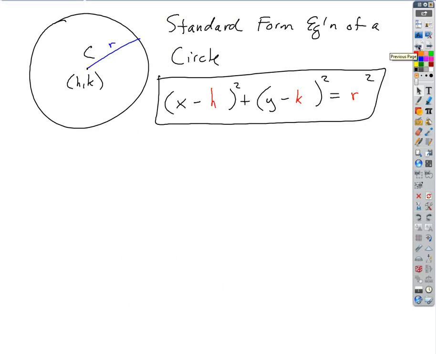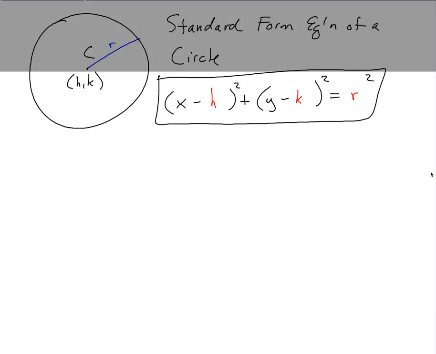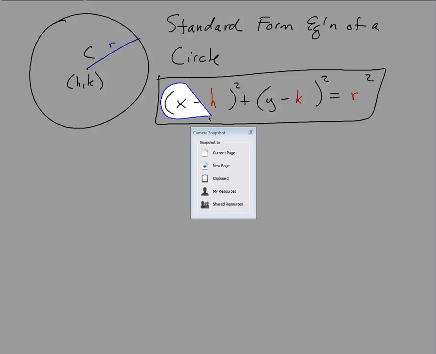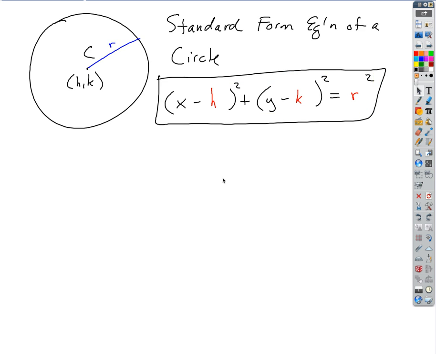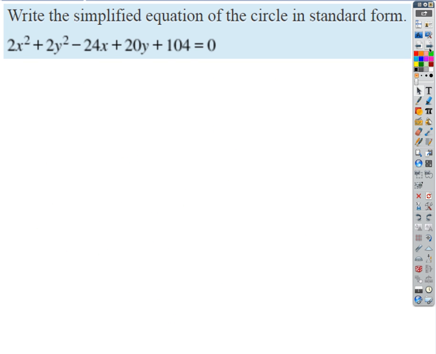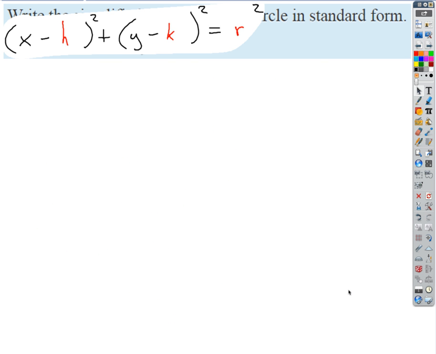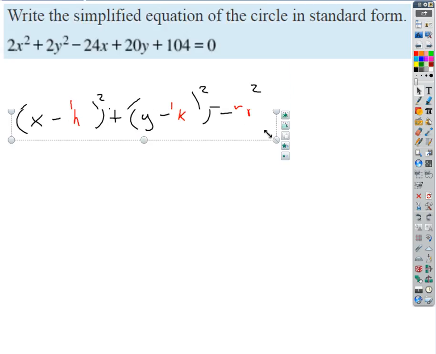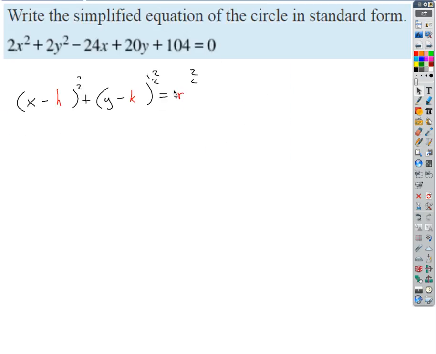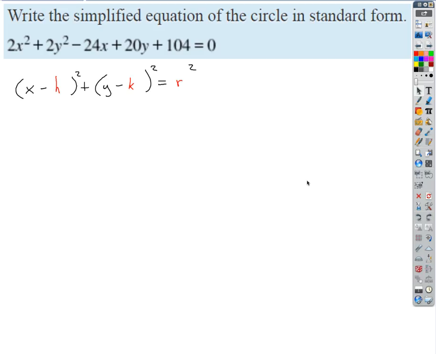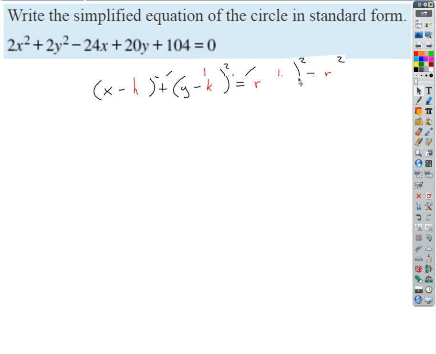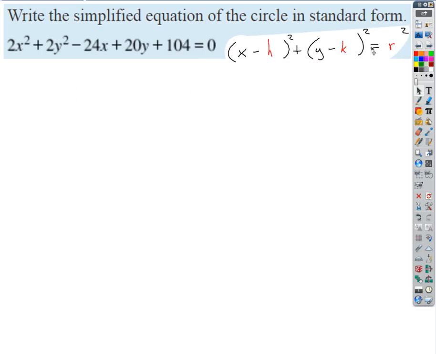So this guy right here. What am I going to have to do to get it into that form? What do you think? That's my goal. I want it to look like that.